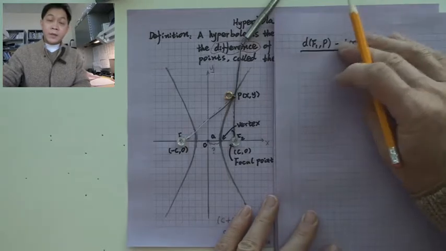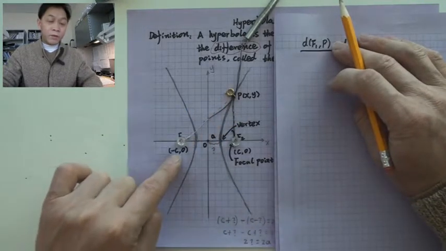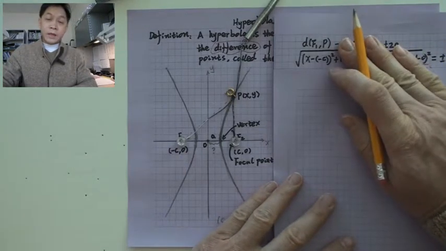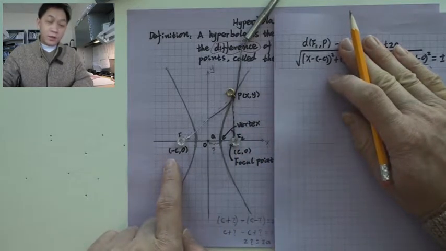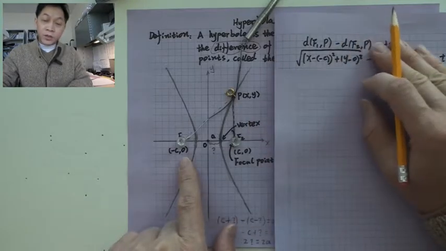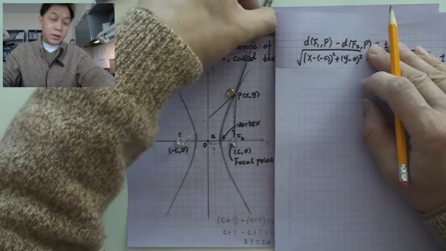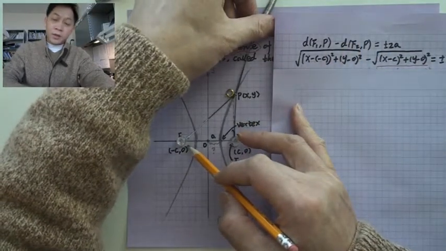And how do we calculate the distance between P and F1? That's right here: the square root of x minus negative c squared plus y minus 0 squared. That's the distance between P and the left focal point.